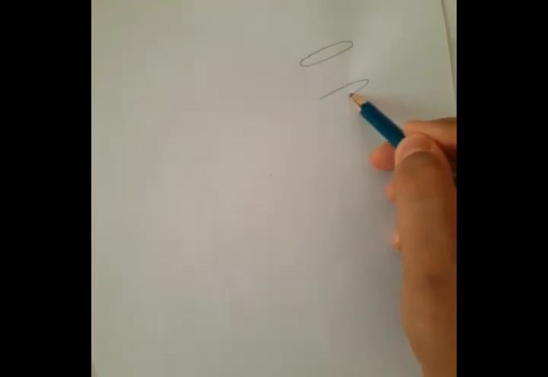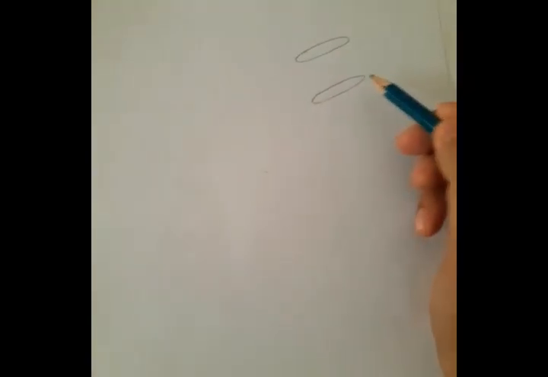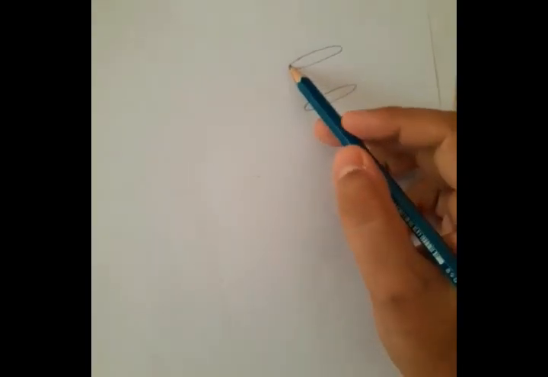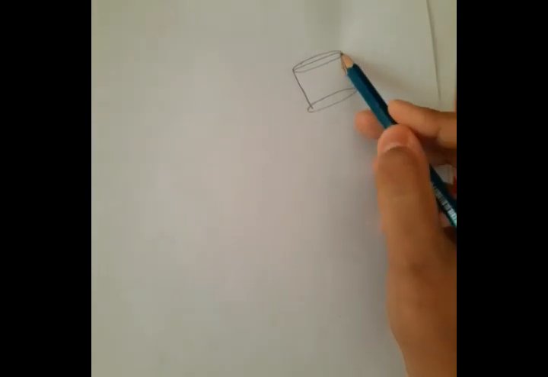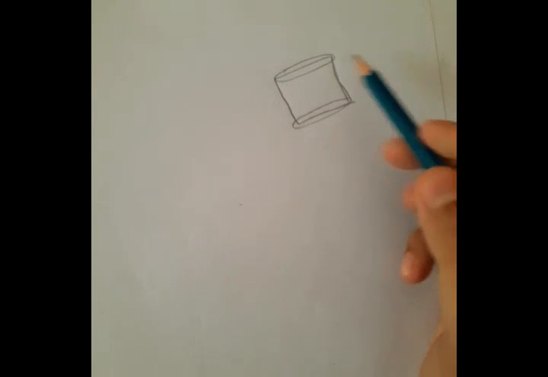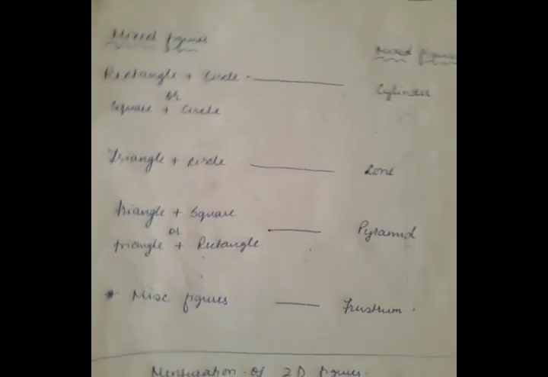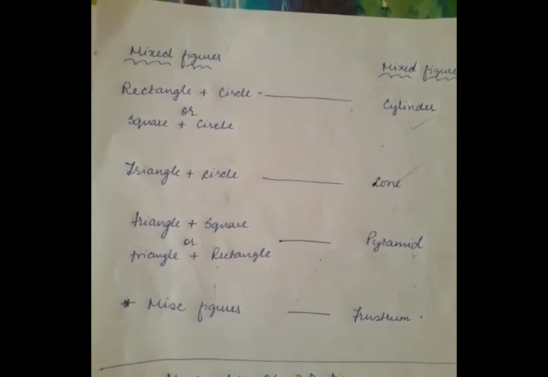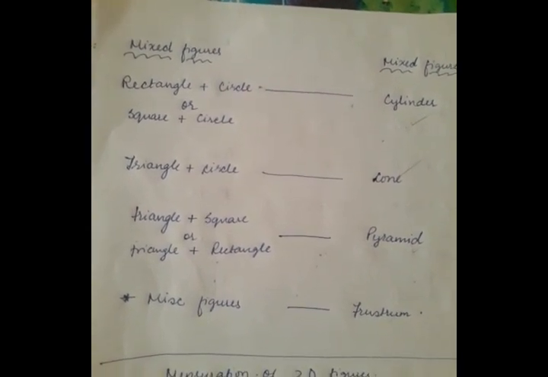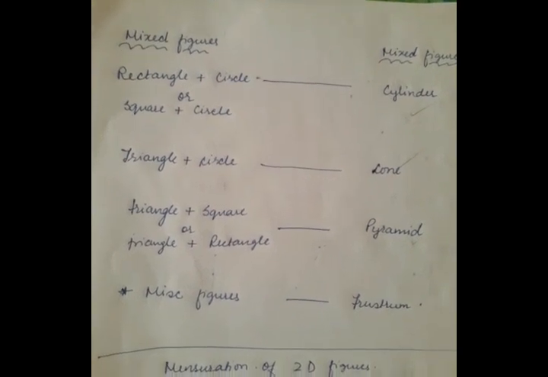See, there are two circles, oval shaped, and a rectangle or square that I draw between. And you are very clear that this forms a cylinder. So that is why I am saying that the rectangle and circle together make a cylinder. The next one is triangle plus circle, which gives the cone.